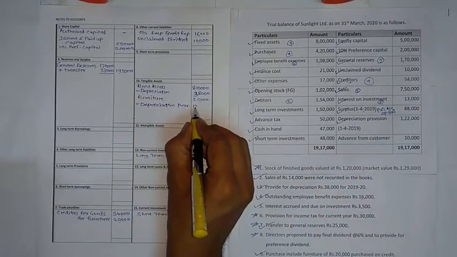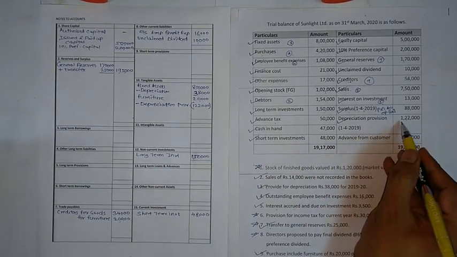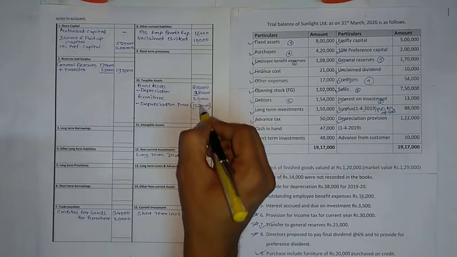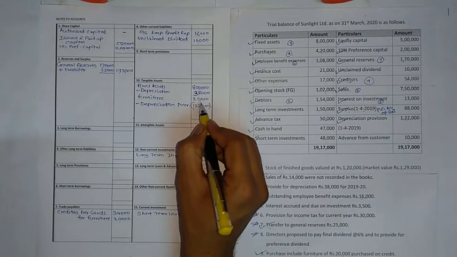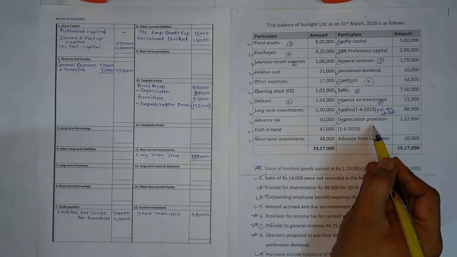Amount is 1,22,000. So when this provision is given as lump sum amount, it will be deducted after writing all other assets. And if it is given with particular name, then only it will be deducted from particular asset.